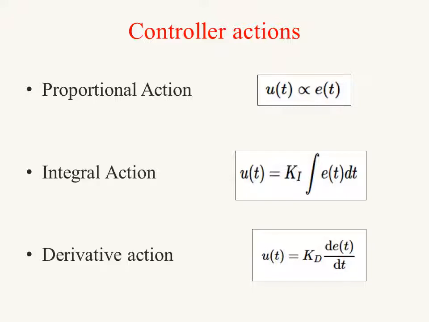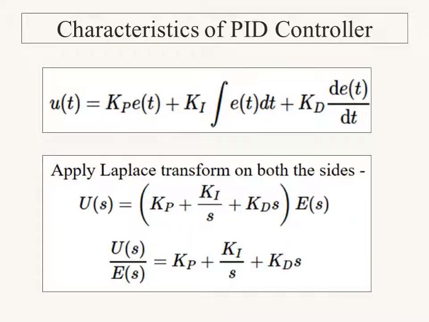In this case, the integral action we can also write in a different form, that is the rate of change of control output is proportional to error. So if you take an integral, we can have such an equation. Now these are the characteristics of the parallel type of PID controller, and the basic equation has the control output, then the proportional constant, integral constant and derivative constant.